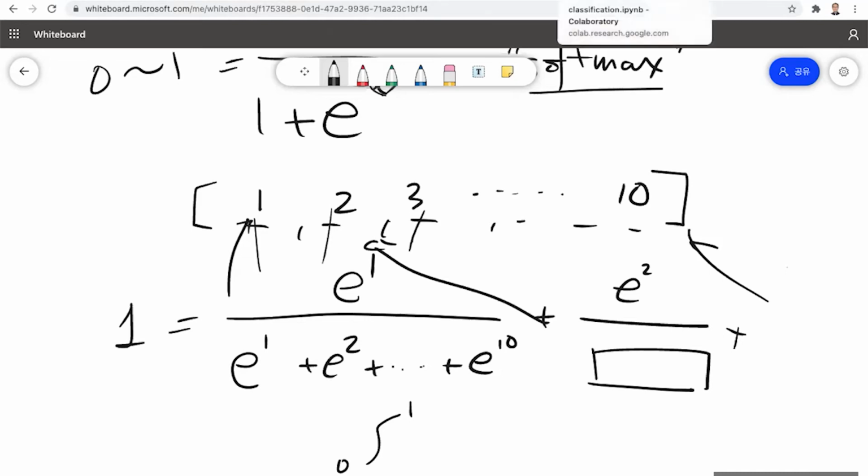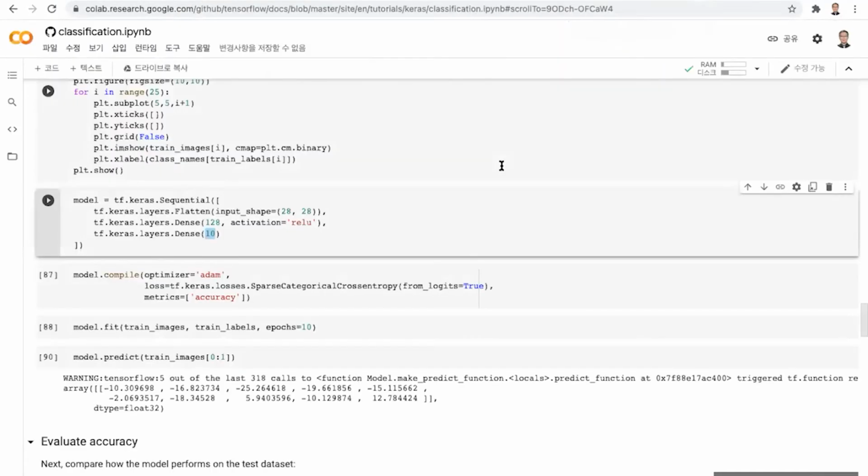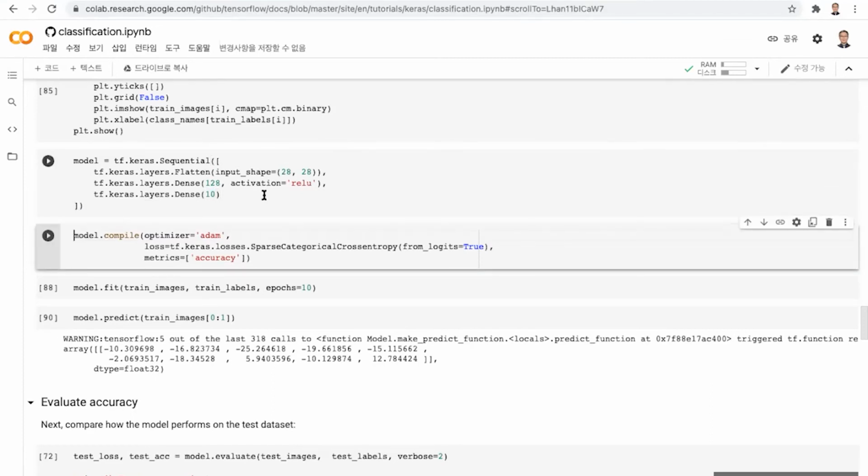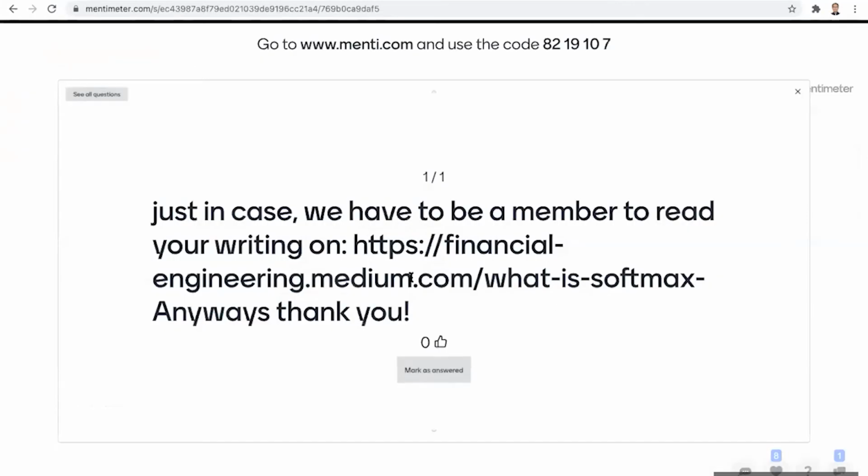So let's go back to here. So let me define the model. Okay, another question. Oh, okay.